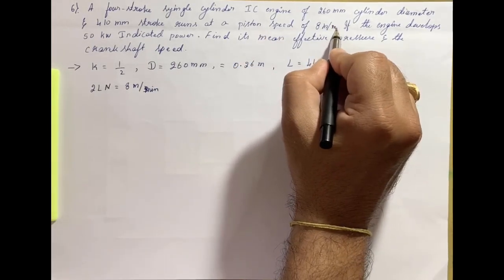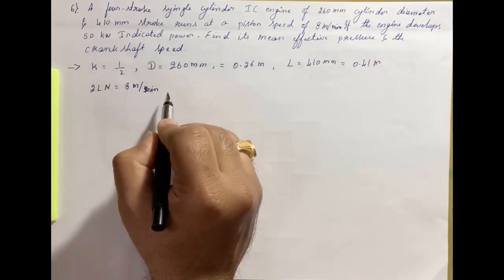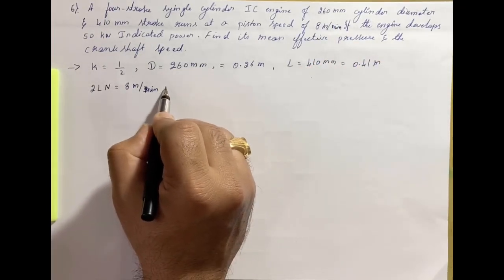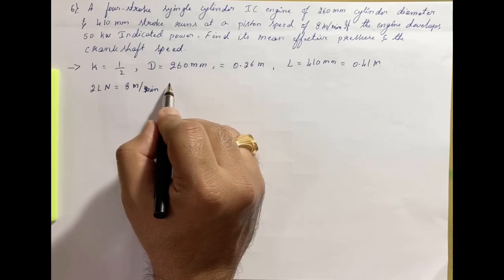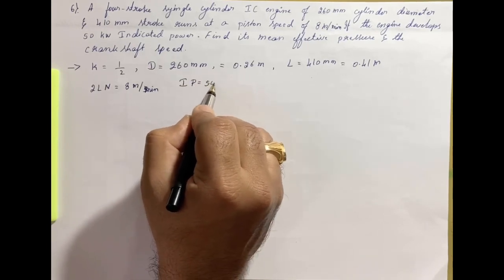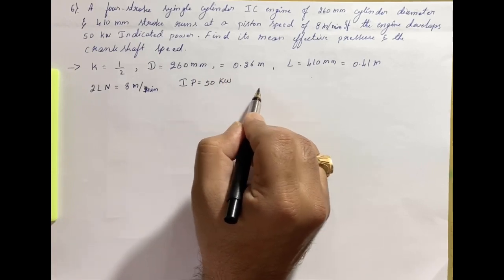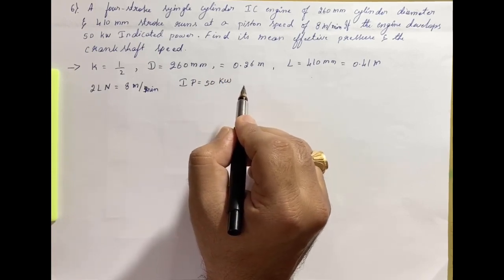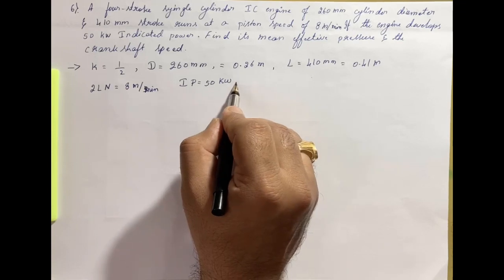It is 8 meter per minute. If the engine develops 50 kilowatt indicated power, IP here is 50 kilowatts, right? Find the mean effective pressure and crank speed.